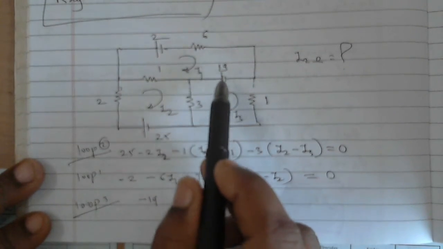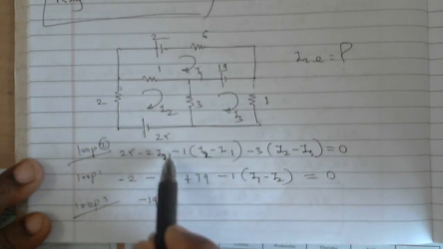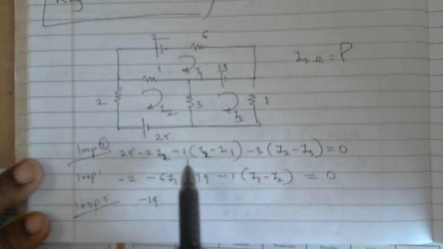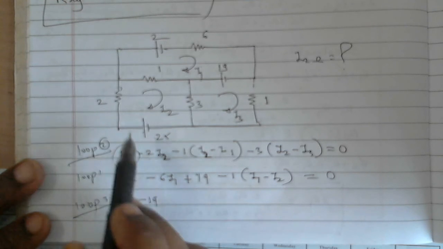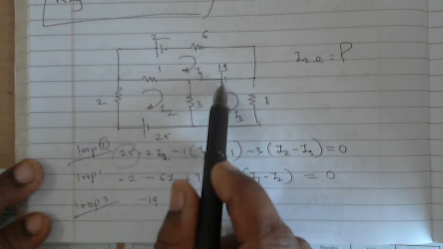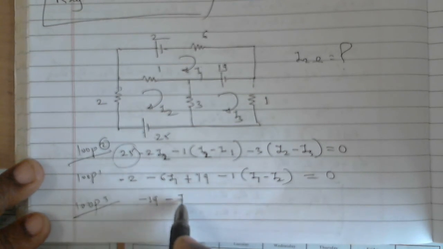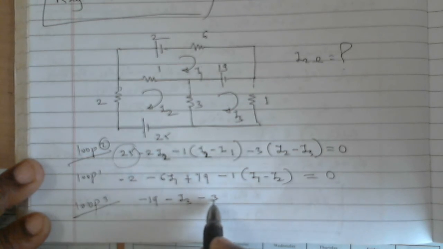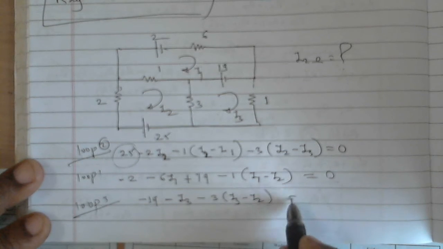For voltage never multiply with current, it is already given voltage drop. We are doing this voltage addition. Algebraic sum of voltages in a closed loop is 0. 25 is the voltage, and here voltage is not given, so we are multiplying resistance and current. 19 is directly voltage, so don't multiply with current. 19 minus I3 minus 3 I3 minus I2 equal to 0.